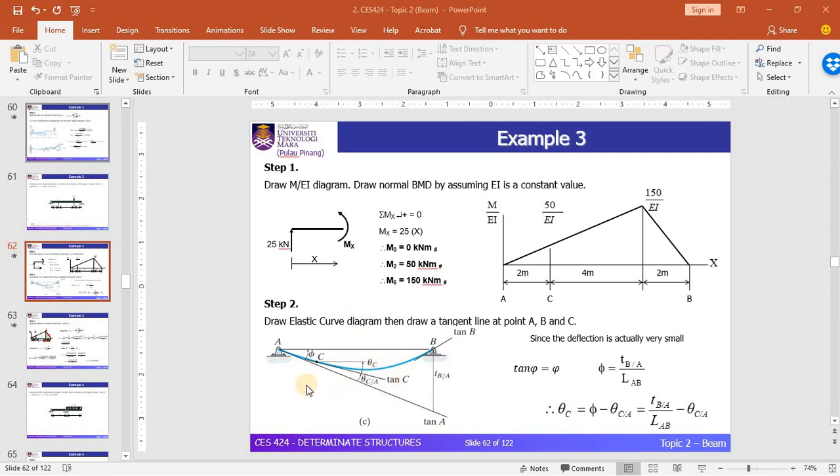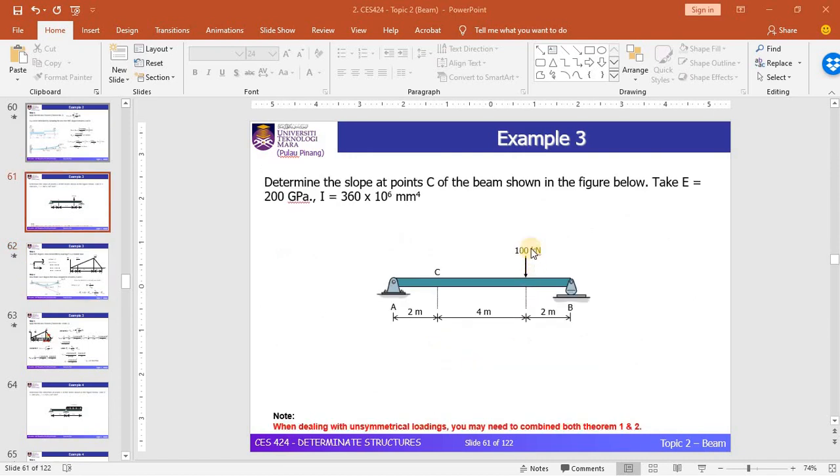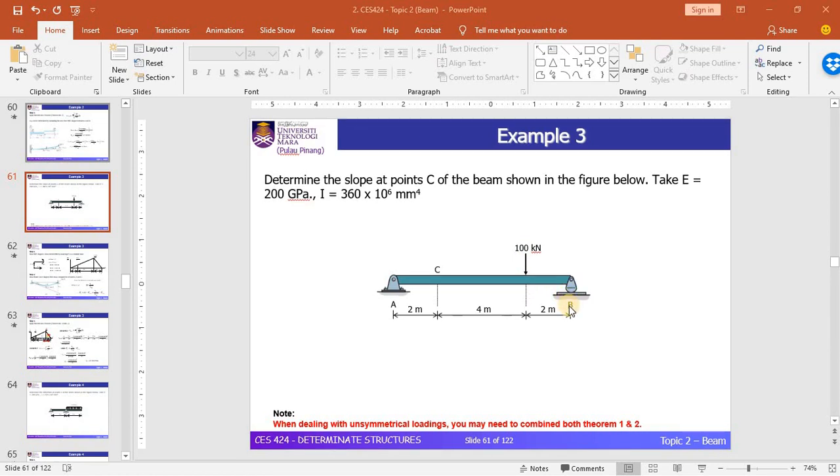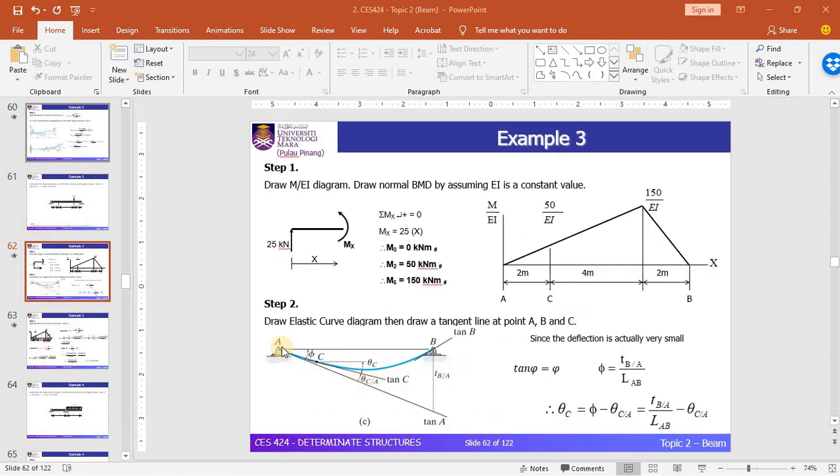Okay, so in this problem, this is the deflected shape or the deformation shape of the beam, based on the point load applied 2 meters from support B. Once you have drawn the deformation shape of the beam, or the elastic curve diagram, you need to draw the tangent lines.